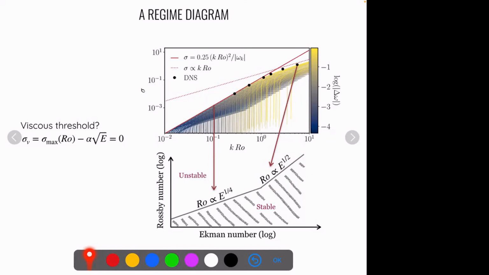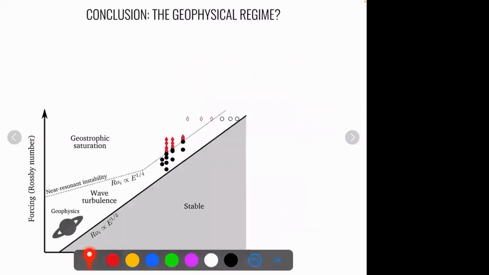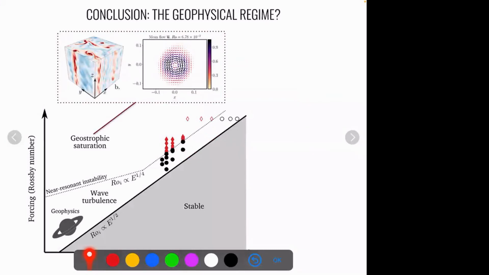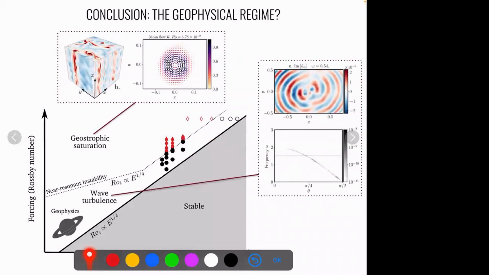Okay, and with that, that brings me to the conclusion. So with the experiments, we have found two different regimes of saturation. We have found a geostrophic type of saturation, and this one is very well known in the literature on rotating turbulence. There are many papers dealing with geostrophic vortices in rotating turbulence.